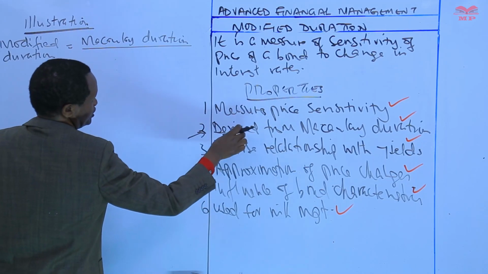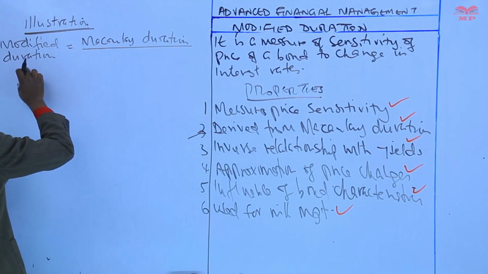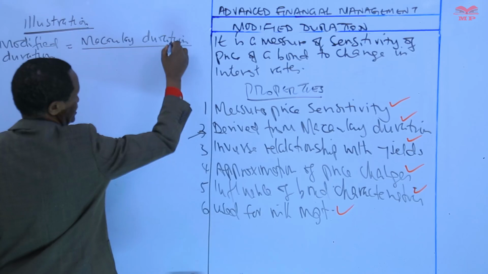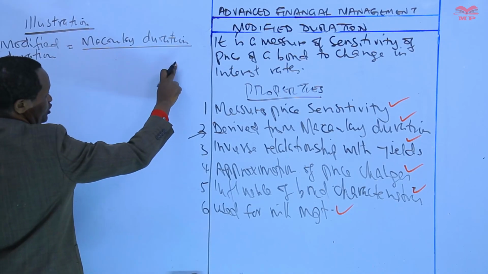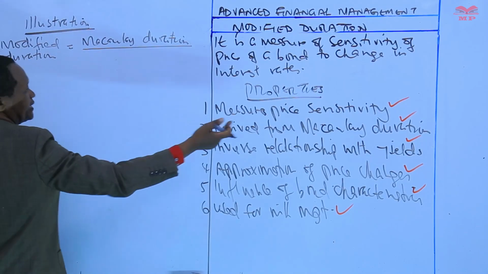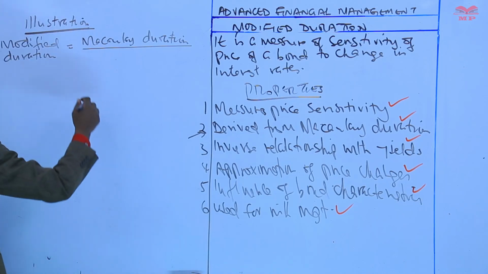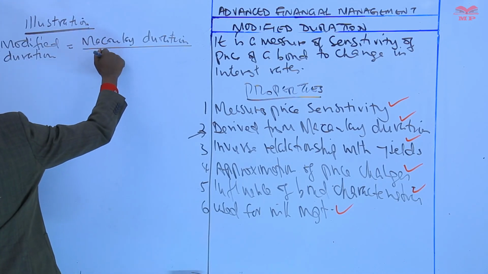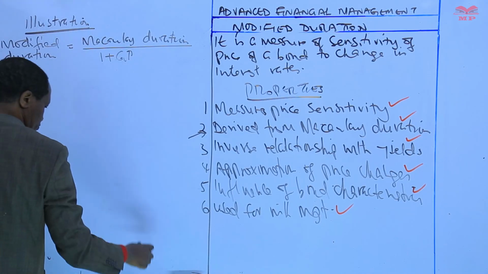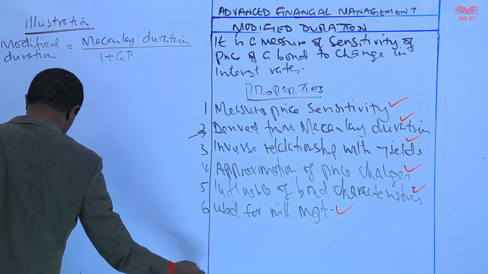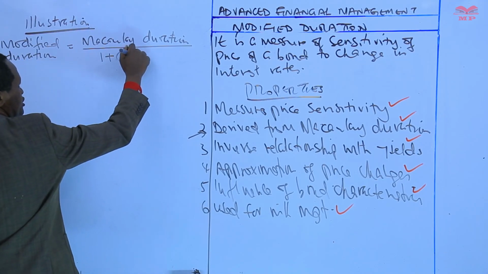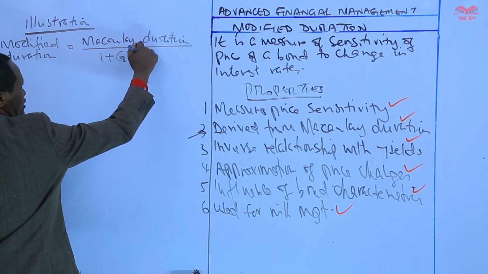So before calculating the modified duration, first of all you have to calculate the Macaulay duration, because modified duration is derived from Macaulay duration. Then we divide by 1 plus GRY.